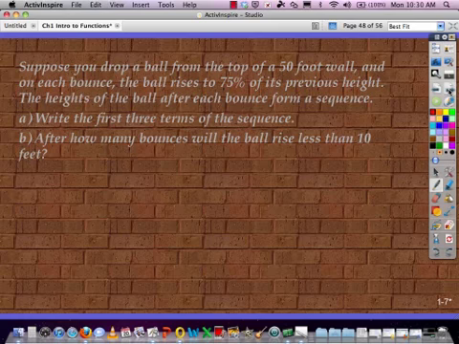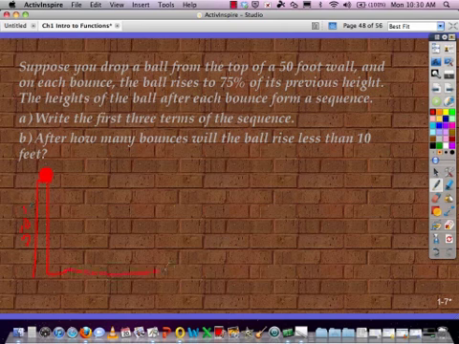We have a wall. We're going to drop the ball from the top of that wall. So let's assume right now that that's our wall. Okay? And we know the top of that wall is 50 feet. So this ball is sitting up here, and it's going to be dropped. We know that's 50 feet. And on each bounce, the ball rises.